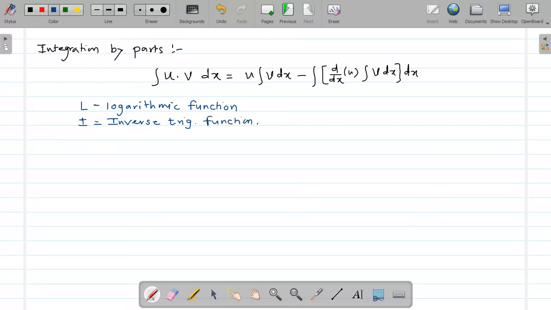Then A for algebraic function. Then T for all trigonometric function. And last one, E for exponential function.